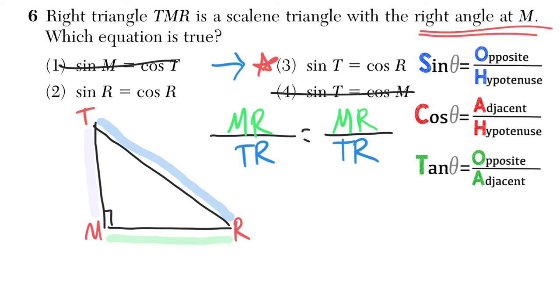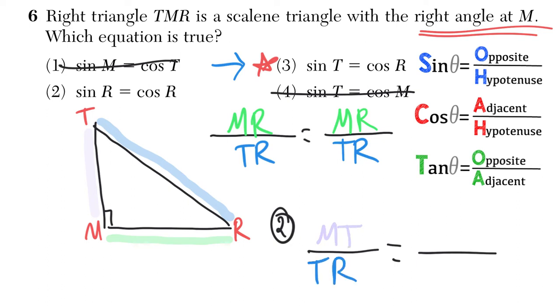And then let's take a look at option 2. So option 2 is the sine of R. And all right, so we're right here, sine of R, and we know it's going to be opposite over hypotenuse. So it's going to be purple, MT, over blue, TR.